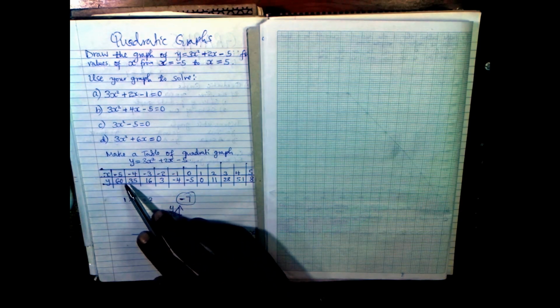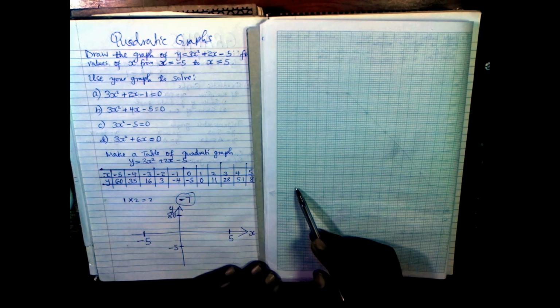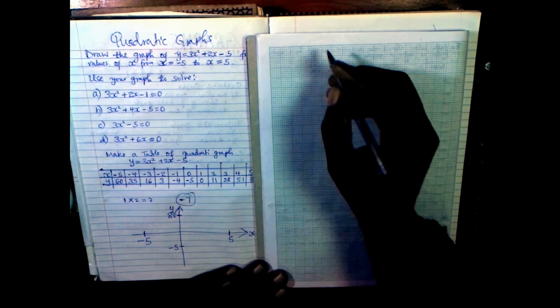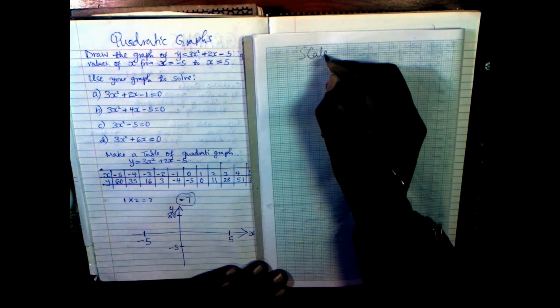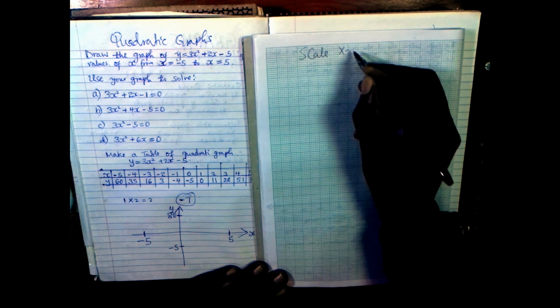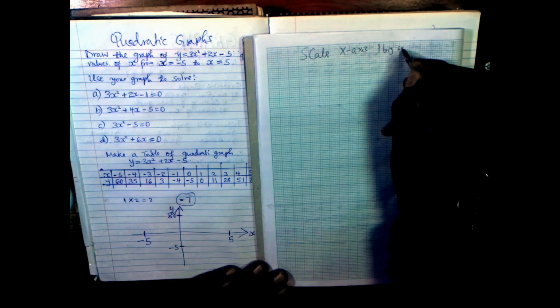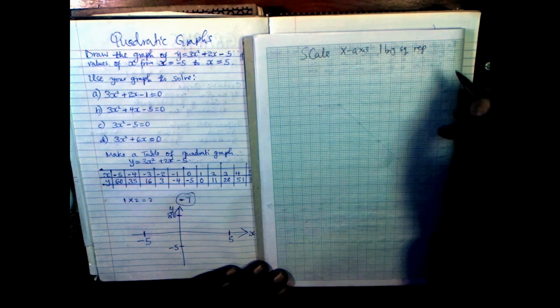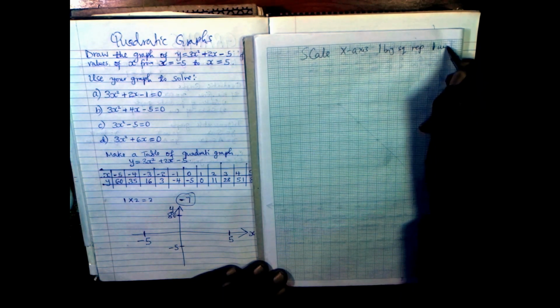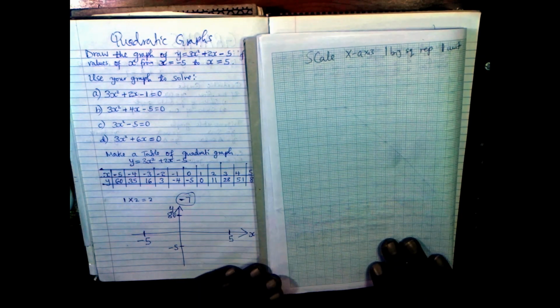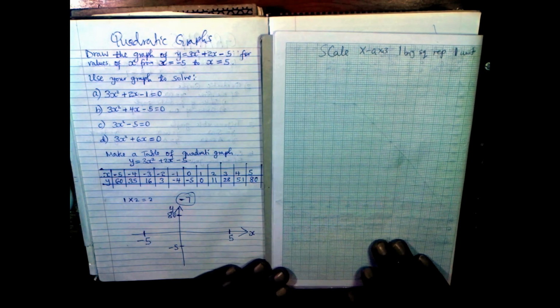For my x-axis, I can take one big square as the scale, so one big square represents 1 unit.